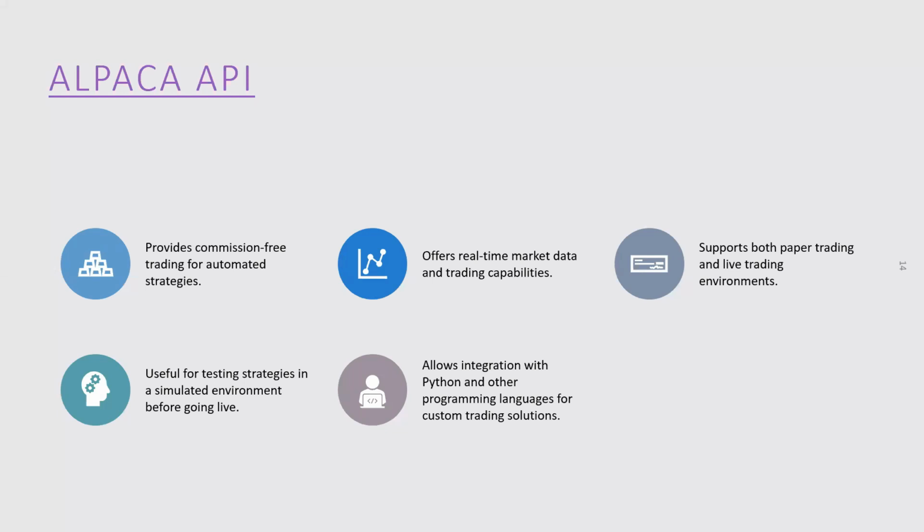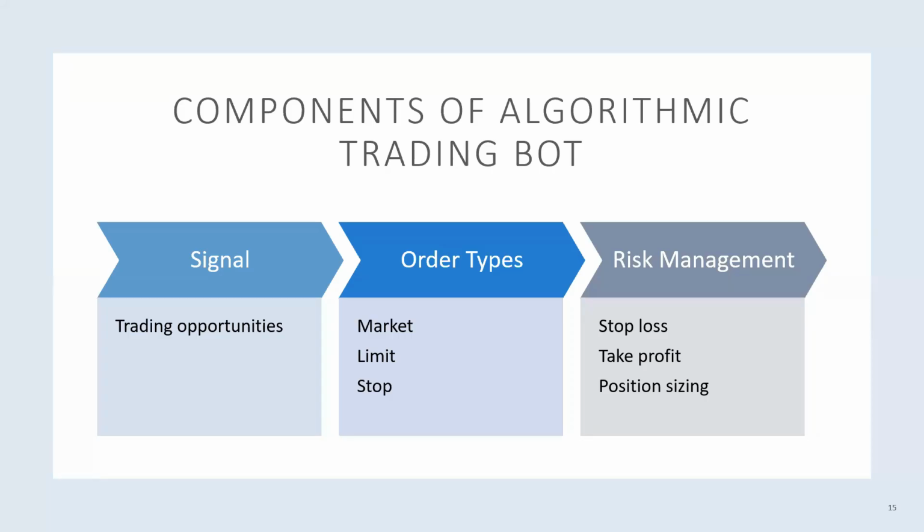So they make it very expensive. But Alpaca has made their API free, which is why many people use their services to have access to a free API to connect to the market. Okay, so these are the tools which we are going to use.